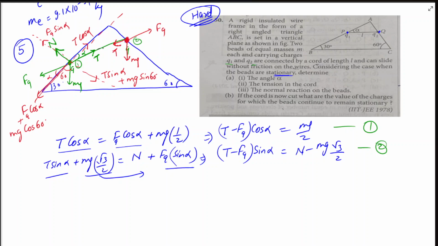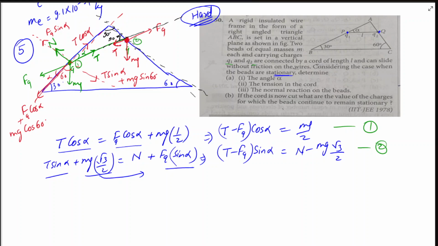So again, I'm going to resolve it in this frame. It's like a frame of reference in the inclined plane. Perfect. So this is alpha. Look, what will be this angle? This will be 90 degree. Why? 90, 30, 60, this is a triangle. So it will be 90 minus alpha, right?